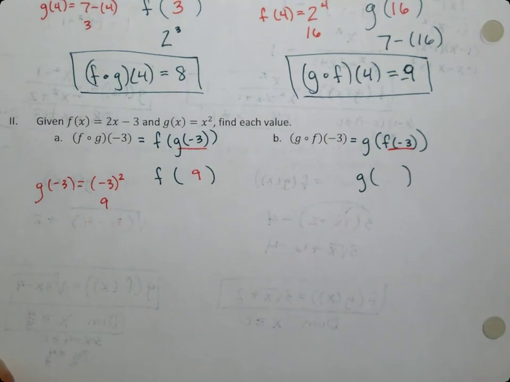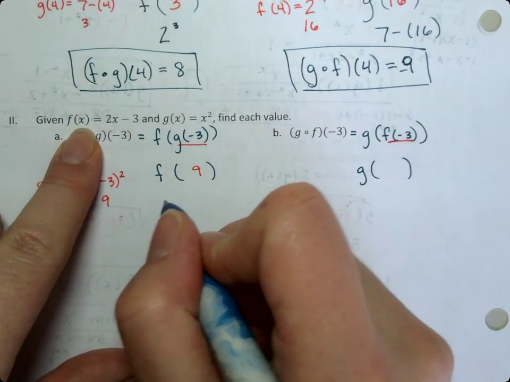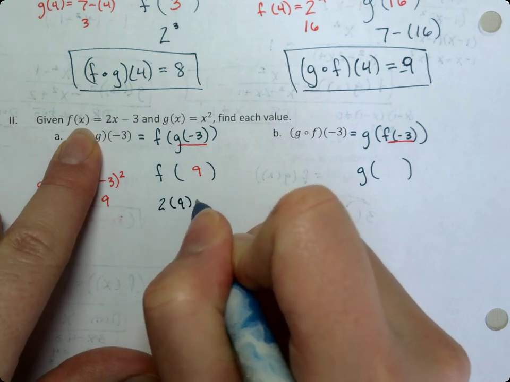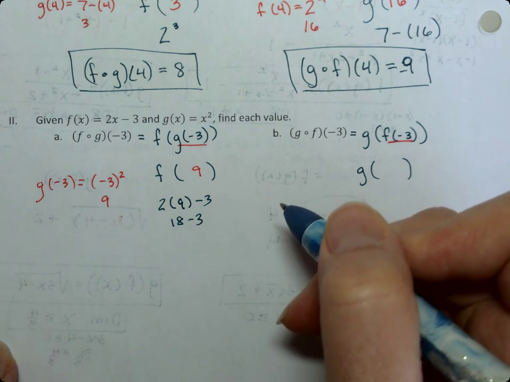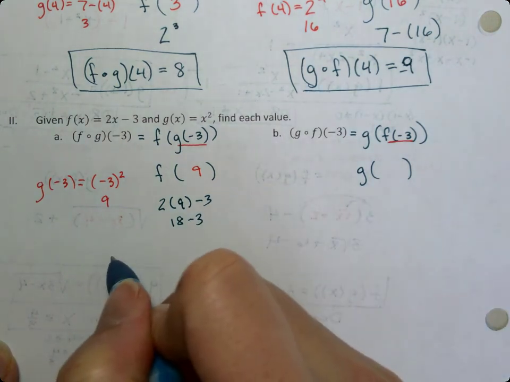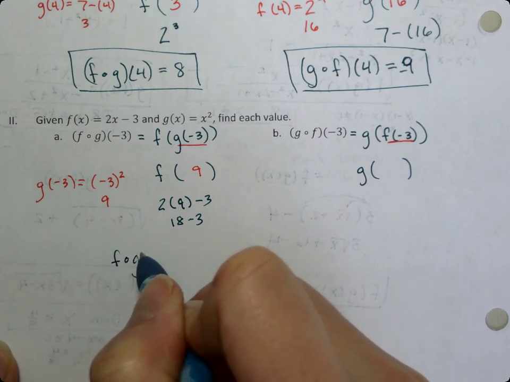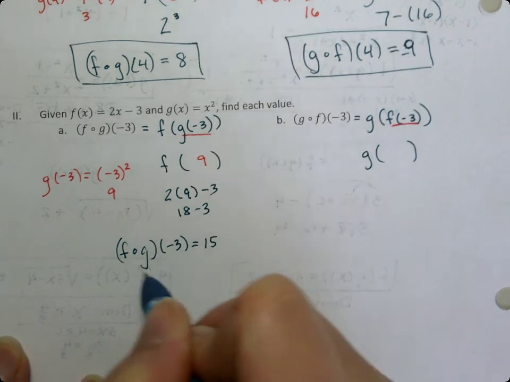Agreed? Then I'm going to take my 9 and I'm going to put it inside the function f. So it would be 2 times 9 minus 3, 18 minus 3, and I get out what? 15. So my final answer, f composite g of negative 3 is 15.